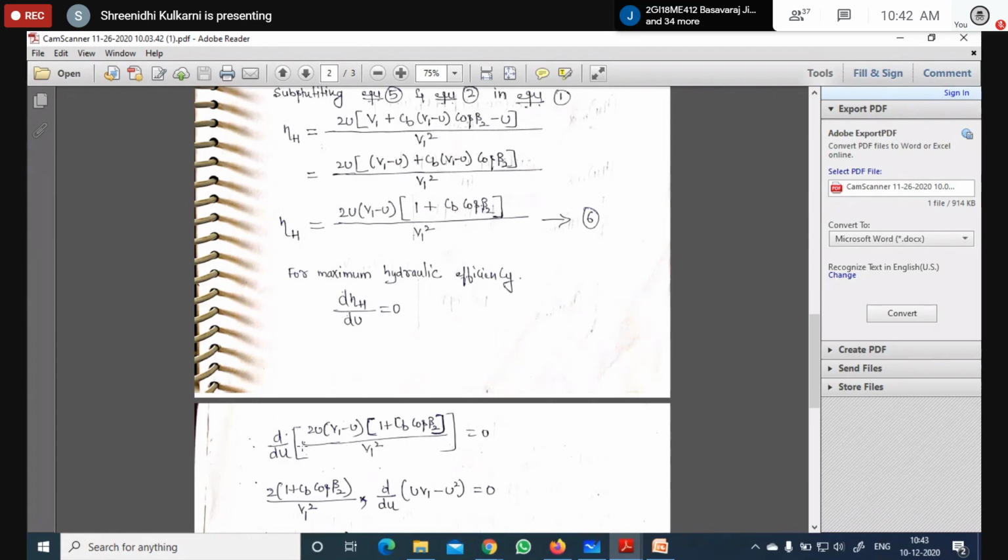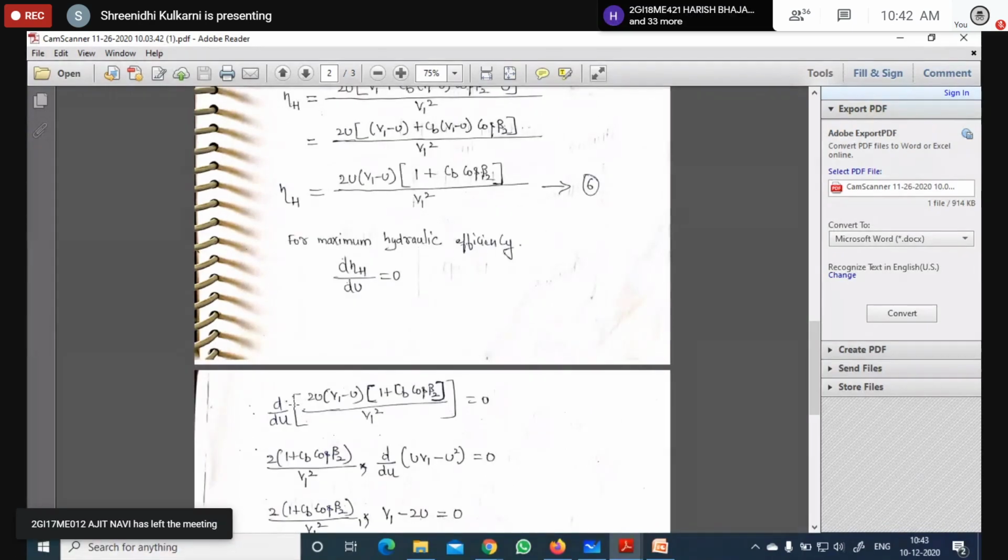So further differentiating this, we can write d by du of 2u into v1 minus u into 1 plus cb cos beta 2 divided by v1 square. In this, I am going to take this term outside, that is 2 into 1 plus cb cos beta 2 divided by v1 square.